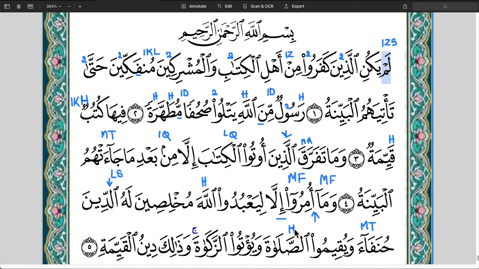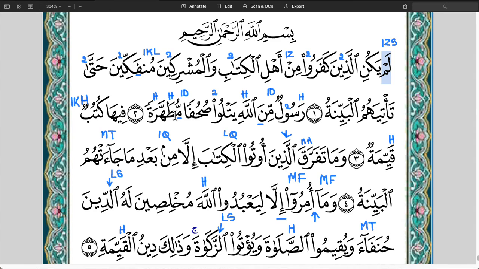This heavy, صلاة. ويؤتوا الزكاة. So here لام قمرية. Oh no, لام شمسية, not pronounced. زكاة. وذلك دين القيمة. So قاف is heavy. Okay, that's what we can pull from here.